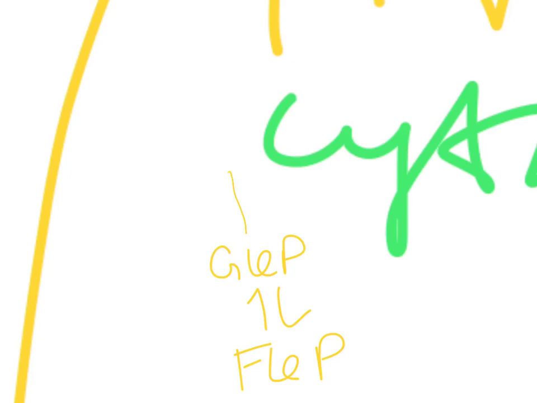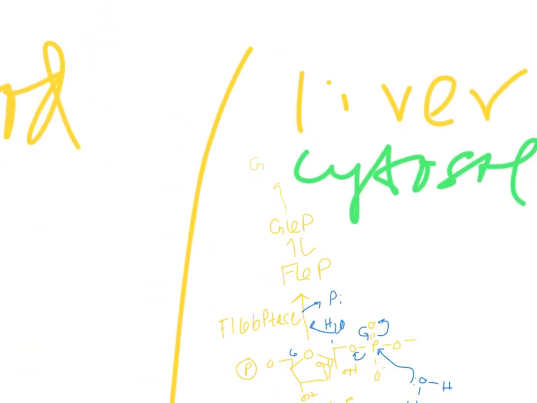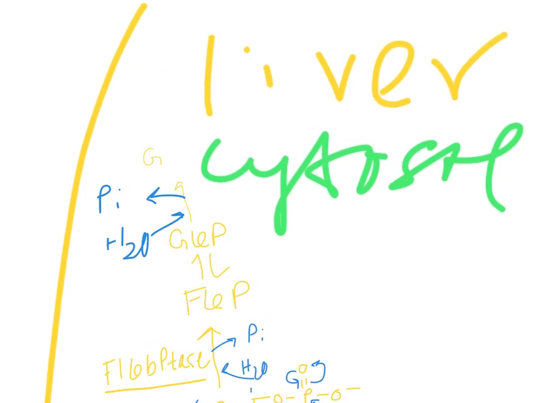And then to get all the way back to glucose, it's the exact same mechanism as F16BPase. So again, a water molecule goes in to pop off the phosphate, and what comes off is the phosphate. And maybe you've guessed it, but this enzyme is called G6Pase, or glucose 6-phosphatase.